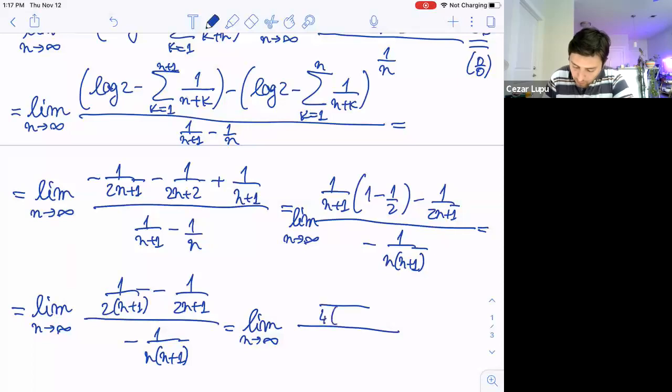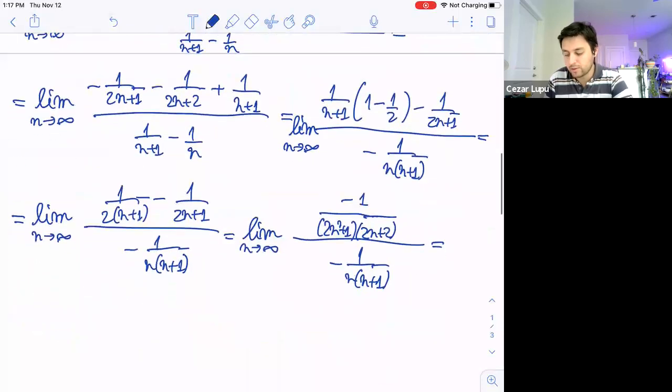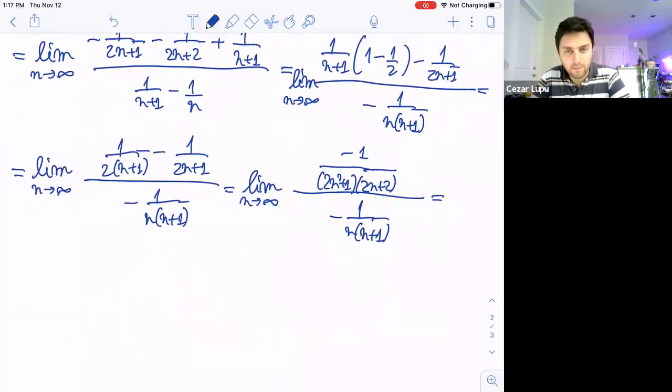Here it will be 4 over, so here I have 2n plus 1, 2n plus 2, and here I'll have negative 1, right? Here I'll have negative 1 times n plus 1. I don't want to do computations at this point. I don't want to embarrass myself with some algebra mistakes, but I think you can figure it out.